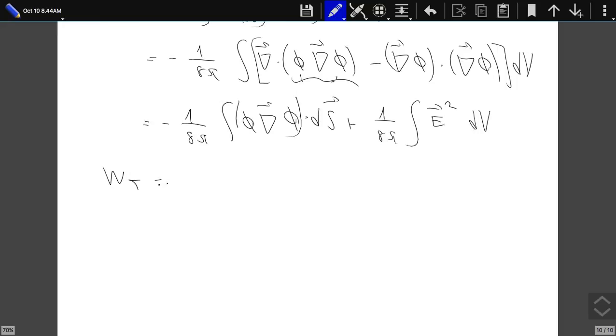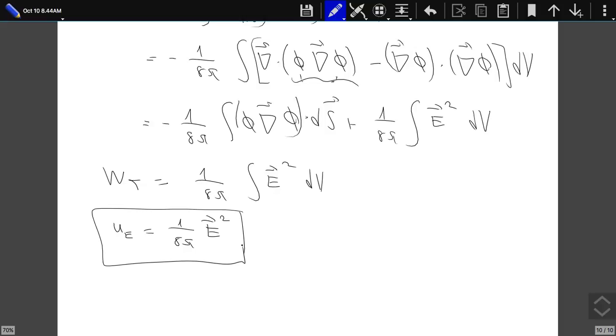So the total work done is equal to 1 over 8 pi times E squared dV. Or the energy density stored in the electric field is equal to 1 over 8 pi times E squared.